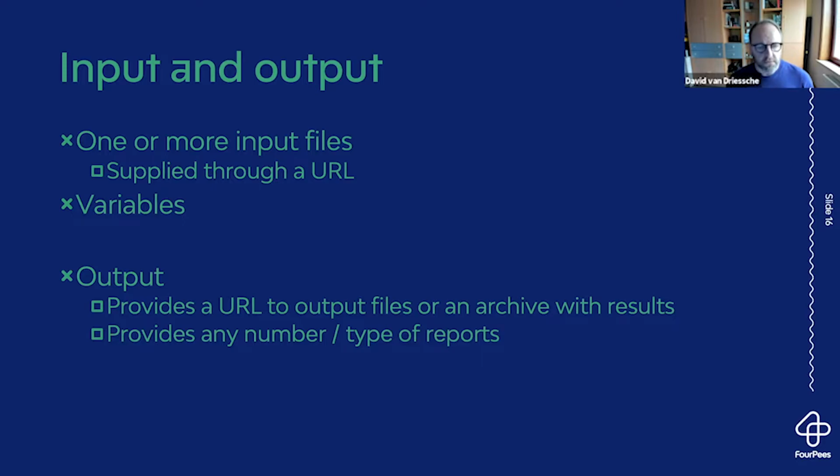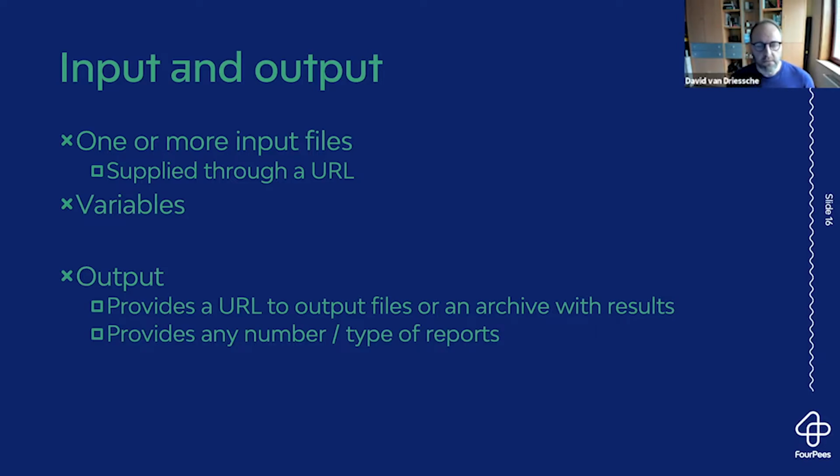On the output side, you then get whatever output you've asked for. So on the input side, you can specify what reports you want, what types of reports. If it's template-based reports, you can specify a template. Again, all the things that normally you would be able to do with the CLI. And then the output is delivered as a URL that you can download.